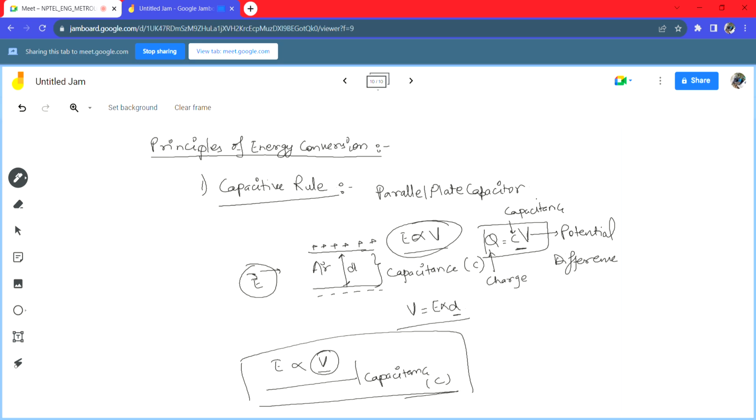So many a times when you design transducers, you have to know the concept of capacitances and capacitive transducers. And the very common example of such transducers are the touch screen sensors.